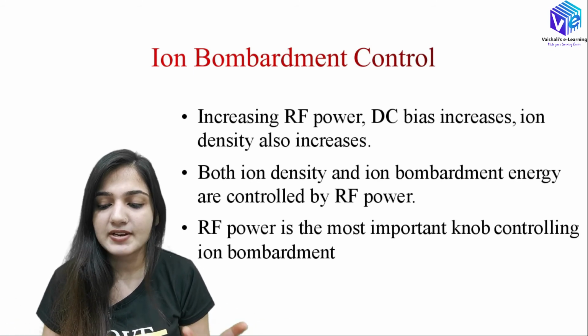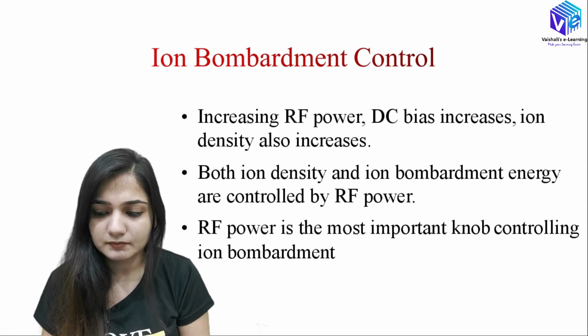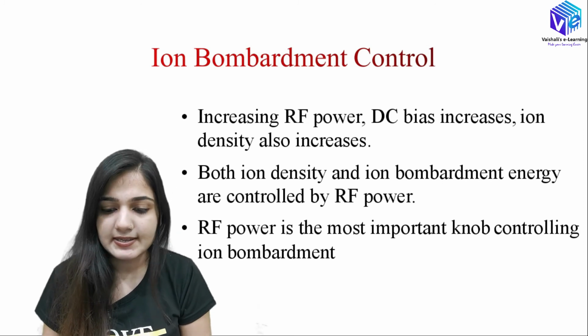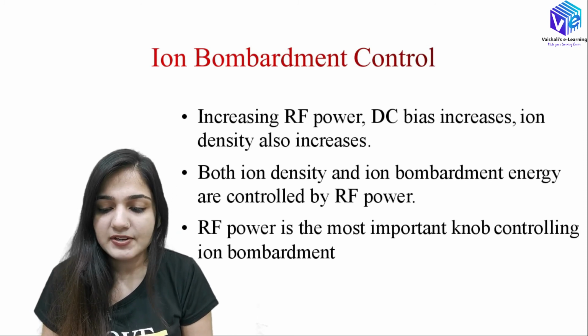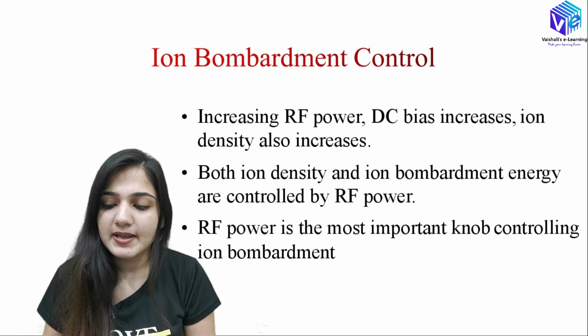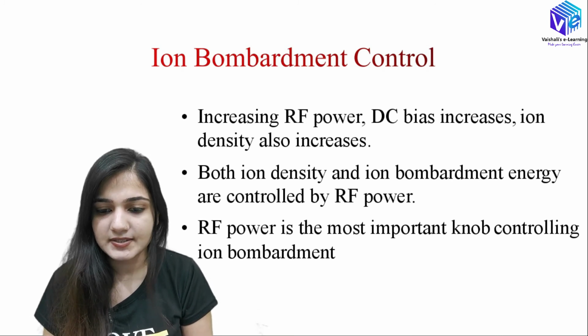If the RF power is high, I will have a higher ion bombardment rate, higher ion bombardment energy and ion density as well. So RF power is the most important knob controlling the ion bombardment. If I increase the RF power, I will have more bombardment energy and more ion density.